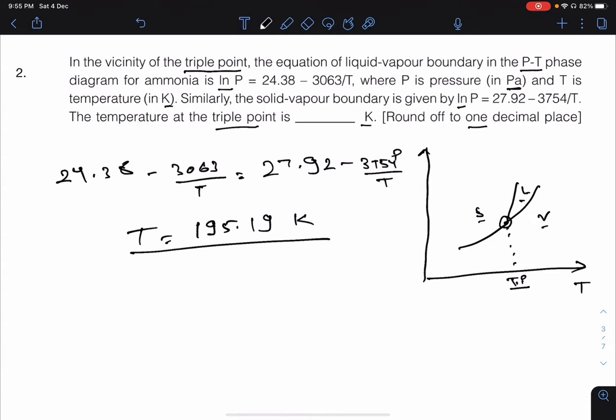So rounding off to one decimal place, we can write it as approximately 195 Kelvin.